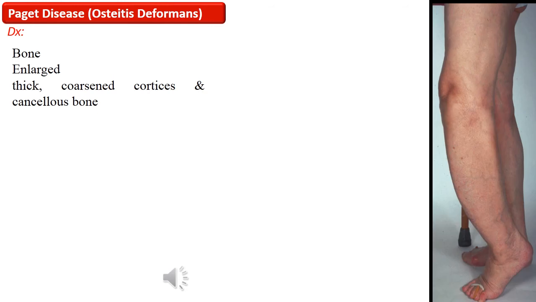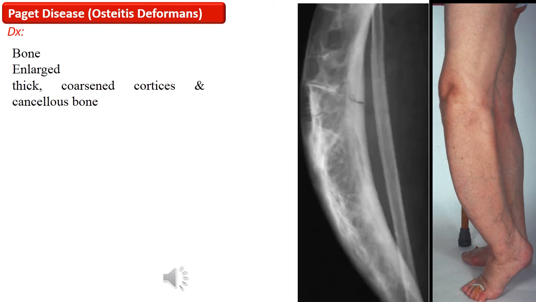This X-ray is showing the characteristic picture frame appearance of lumbar vertebral bodies, and this is due to thickening of the cortices and end plates. This picture is showing the deformity of the bone that is resulting in bowing of the leg, and this bowing of the leg is frequently associated with fractures of the bone.